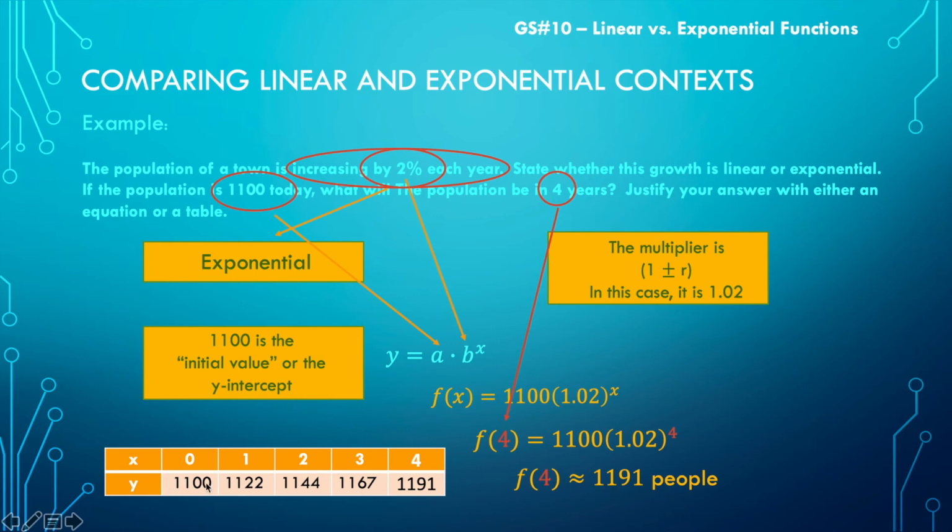So you could take 2% of 1,100 and add it, or you could just multiply 1,100 by 1.02. Okay, and again, you can take 2% of this value and add it, or you can multiply this by 1.02. And you can see that as you do this, you're going to end up with 1,191 people. So you can do it either with a table or with an equation, right?